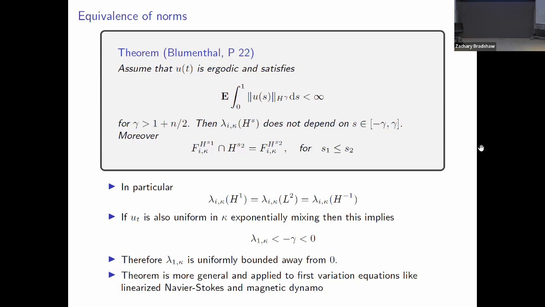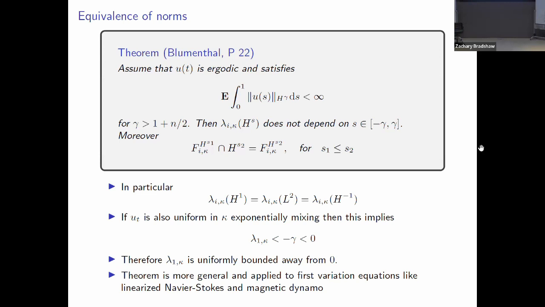Moreover, the spaces that achieve these rates all nest inside of each other. If I restrict to H S2, where S2 is the more restrictive space, then you get a smaller one. In particular, the H1 rate, the L2 rate, and the H minus 1 rate are all the same, as we saw in Charlie's picture.